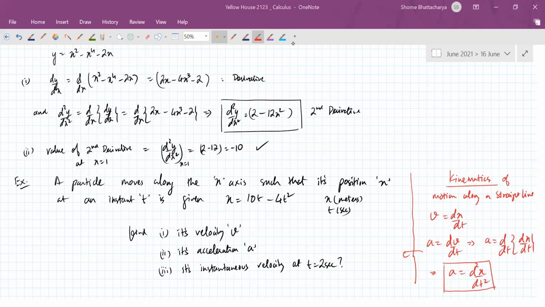Very good. Yes, that's correct. Just have to give the unit also. Since we are now dealing with a physical quantity, we have to give the answer in the proper unit, right?